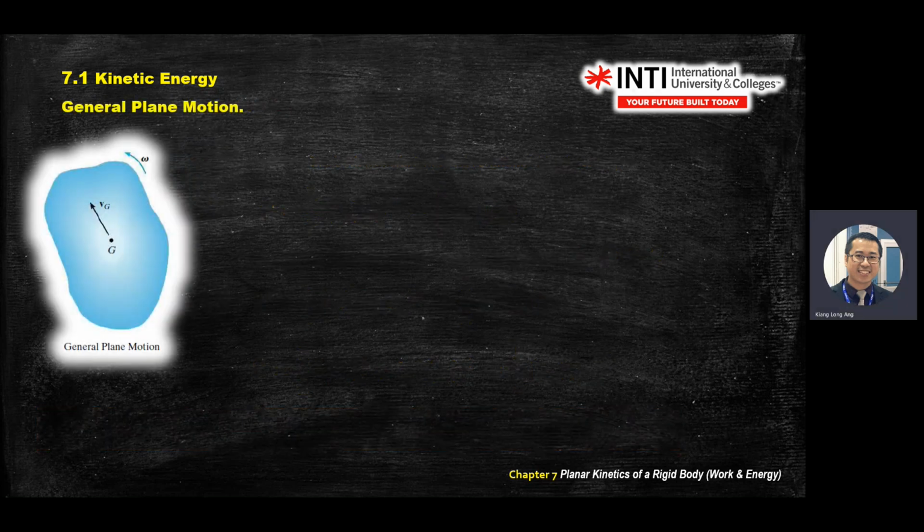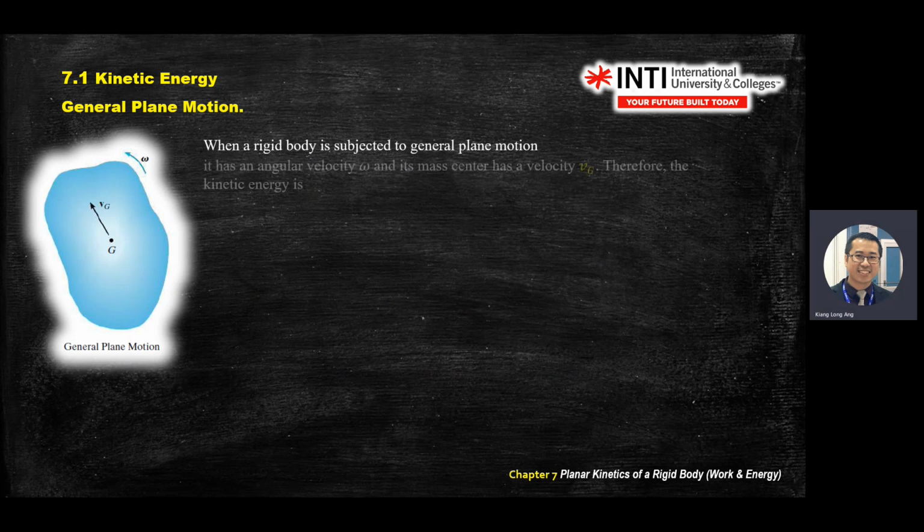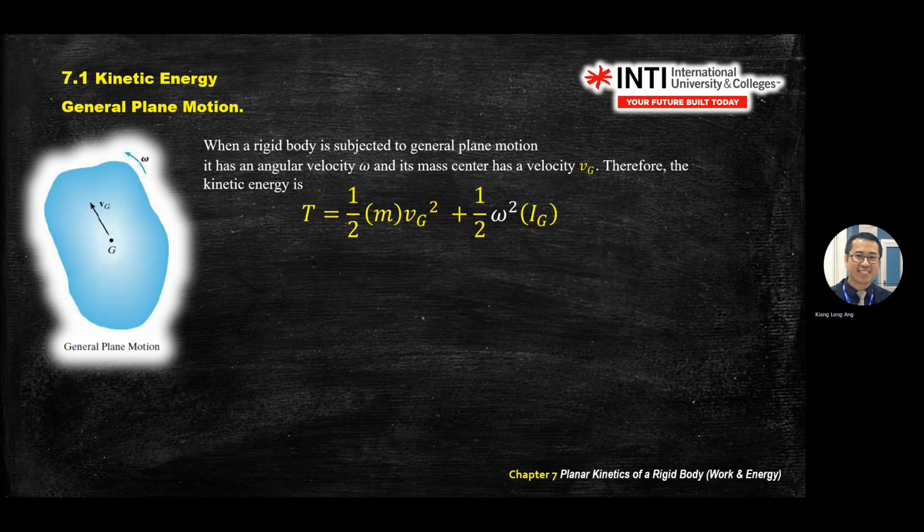General plane motion, you know general plane motion is a combination of two, translation and rotation. Right? So don't confuse yourself. You're still using the same equation. T equals the mass effect and the second, the inertial effect: half m v squared plus half omega squared I. In this case, again, we assume that the point of interest is the same as the center of mass.